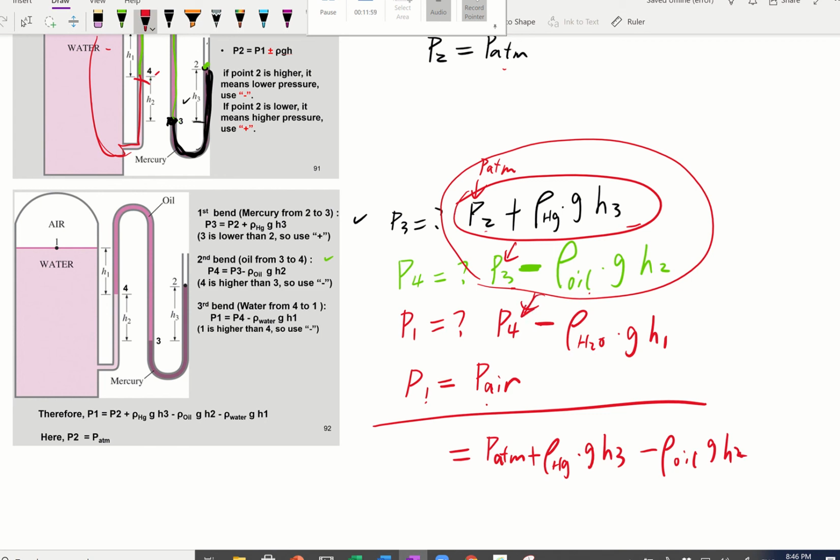Then P4 is plugged in here, then minus rho water g H1. That's your P1, which happens to be the air pressure you are calculating.